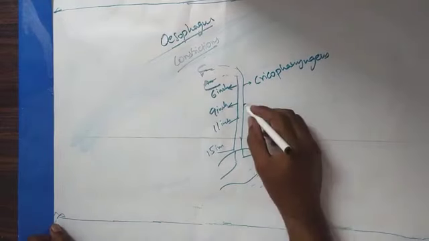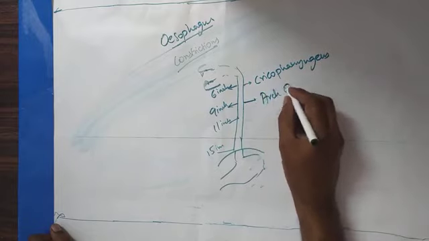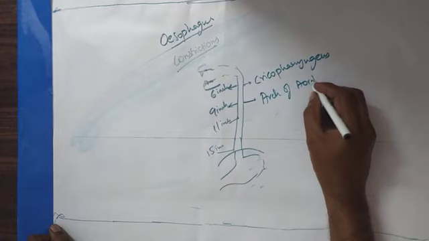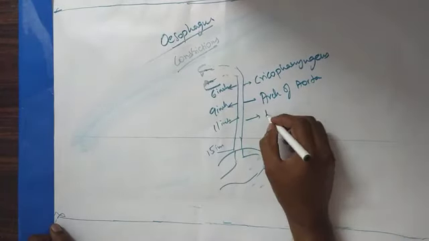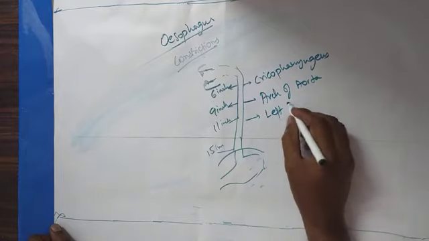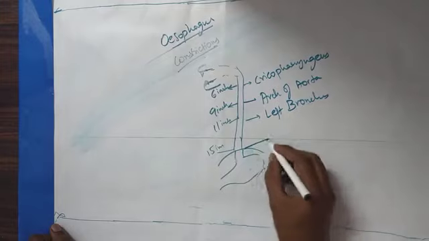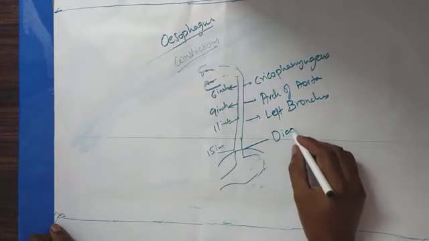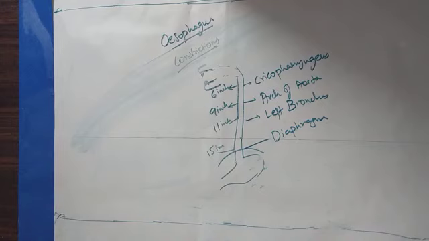Then the 9 inches constriction is because of your arch of aorta, which will be related at that level. Then at 11 inches, this is formed by your left principal bronchus. Then 15 inches is because it's going through the diaphragm. So that is about the constrictions.